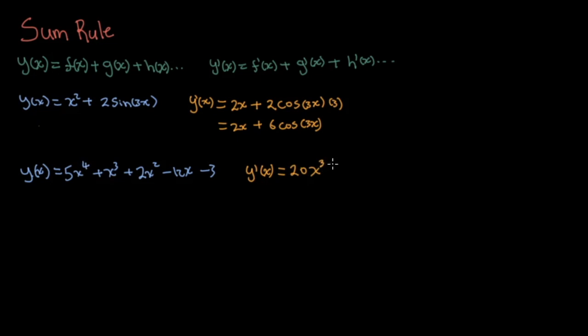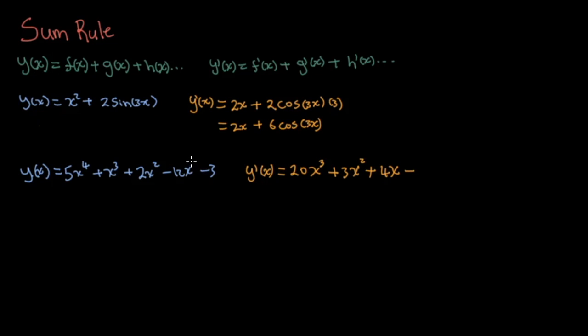So 20x cubed plus 3x squared, plus the derivative of this term, which is going to be 2 times 2, which is 4. And then we take away 1 from 2, so our exponent is just going to be 1, but we can just leave it as such.